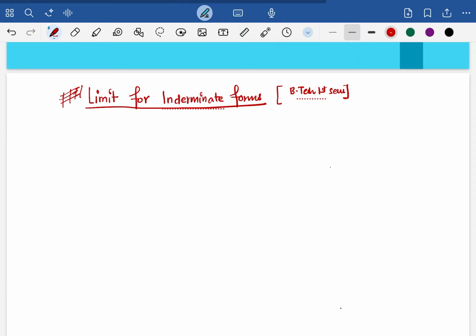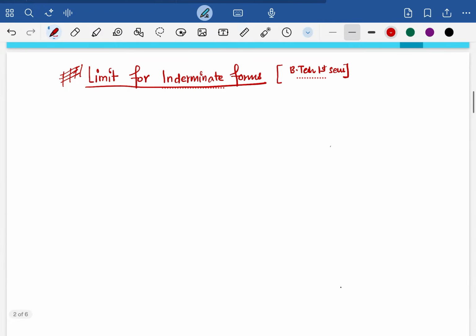So before diving into the limit for indeterminate forms, we should be aware of the basic differentiation formulas, because that will be required in the L'Hospital rule.